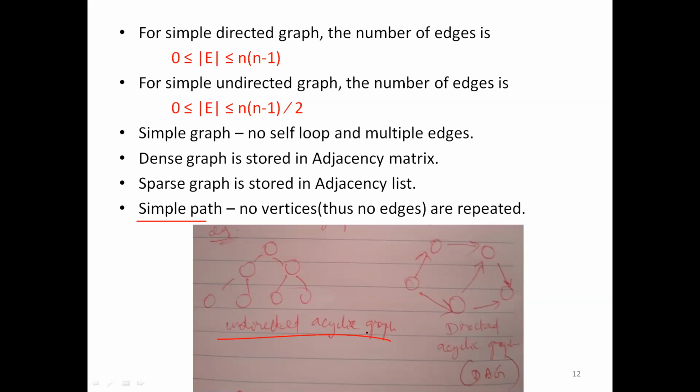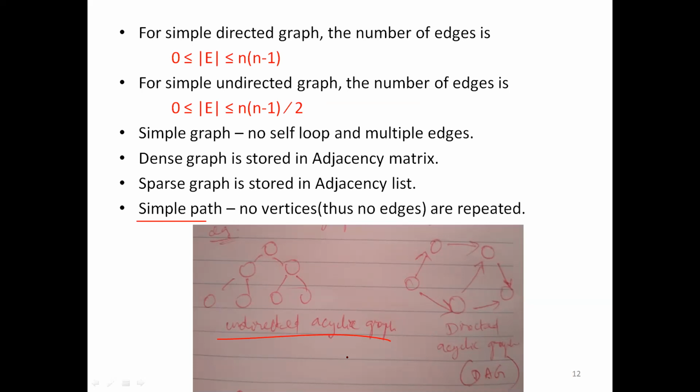It's not forming a cycle. Cycle means it should form a loop: I start from any vertex, take any path, and again reach the same source.